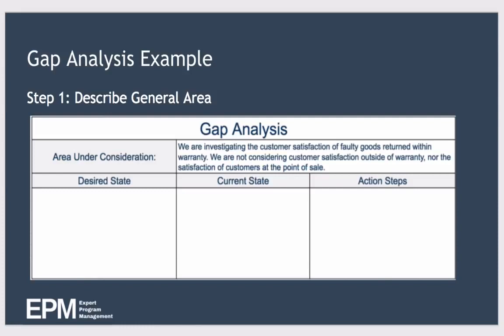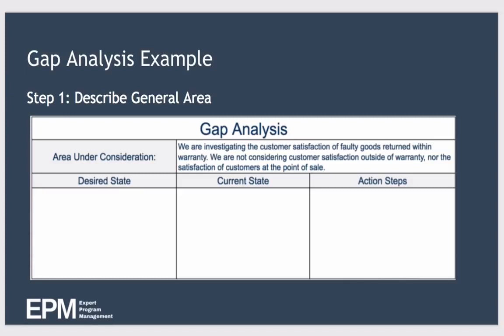So you can see that in the diagram here. We are investigating the customer satisfaction of faulty goods returned within warranty. We're not considering customer satisfaction outside of warranty, nor the satisfaction of customers at the point of sale. So as you can see, we're concerned only with faulty goods returned during warranty.